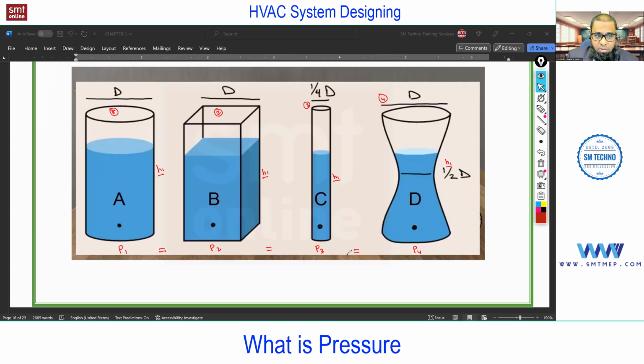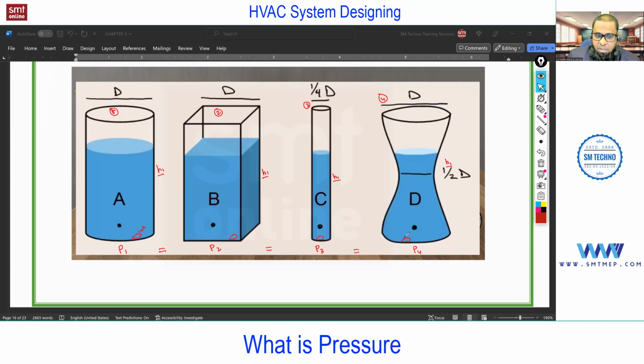Again, back to the basic concept, pressure is what? Force per unit area. For example, if I check at the bottom for 1 square inch, the same at the bottom for 1 square inch, and here also 1 square inch, and here also 1 square inch. Since the type of liquid is the same, water, and the height of the liquid column is also the same, per unit area the force is going to be the same.